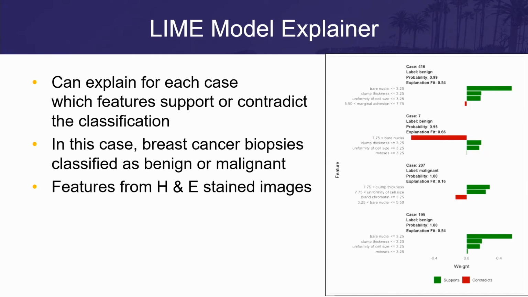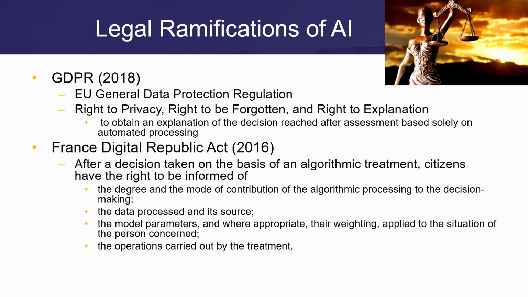This is an example from breast cancer biopsies. The green are the features that favor benign, and the red are the features that favor malignant. And you can see for any given case what the features are, whether it was bare nuclei or large nuclei, whatever the features were, what helped make that model make that decision.